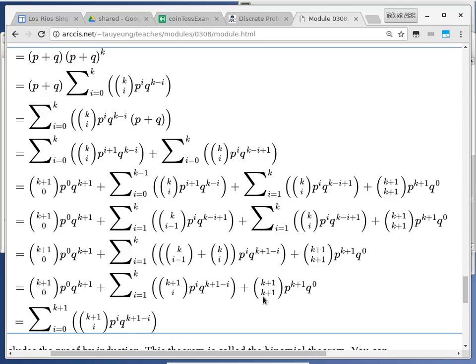And then from here to here, between these two steps, what did I do? I think I just moved things around. Oh, I reindexed it. Yep, you're correct. I reindexed. So this one went from 0 to k minus 1. This one went from 1 to k. But I have to change the term inside to kind of adjust for that.